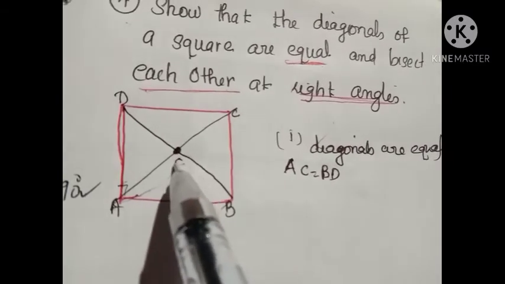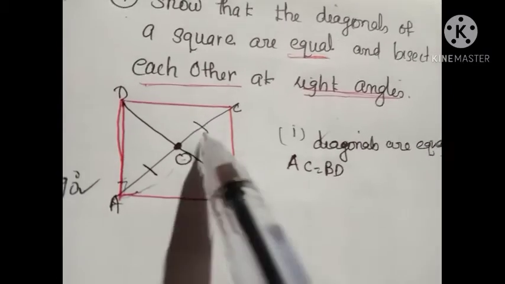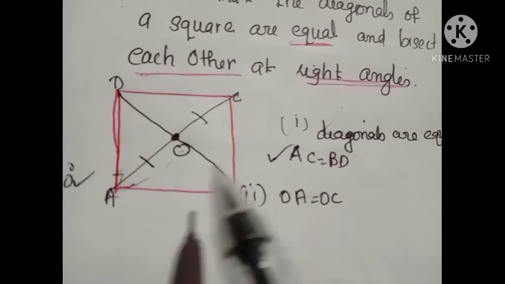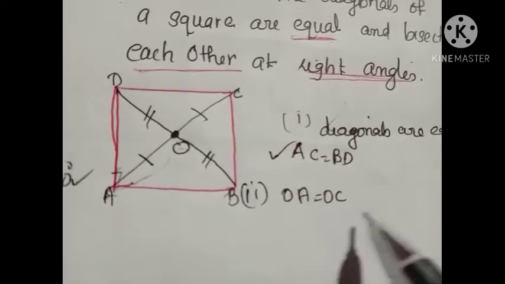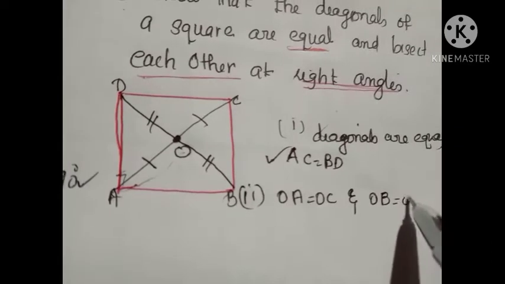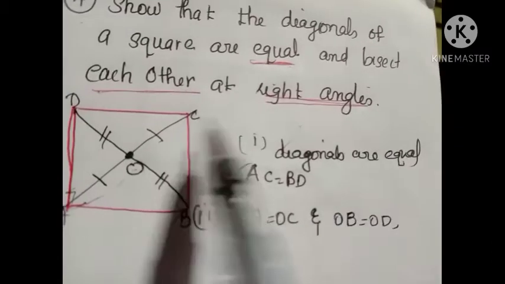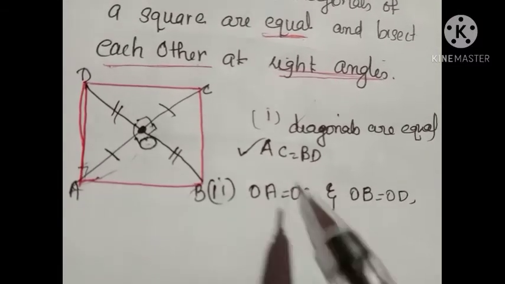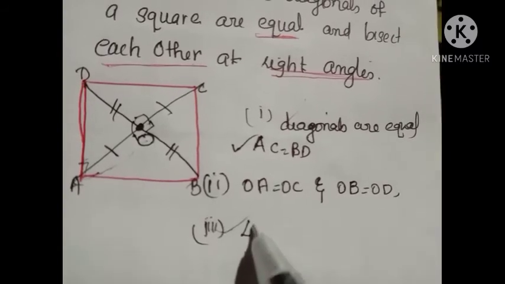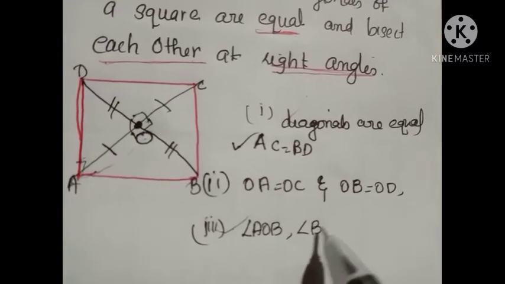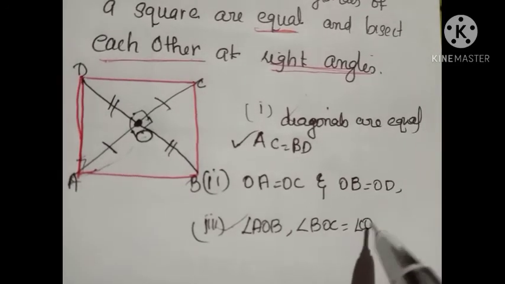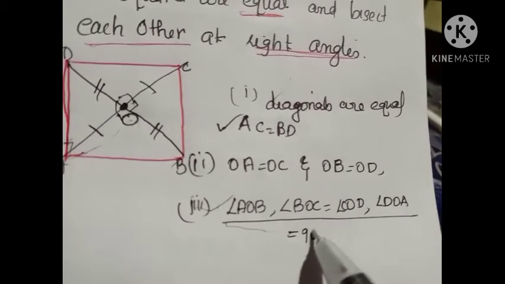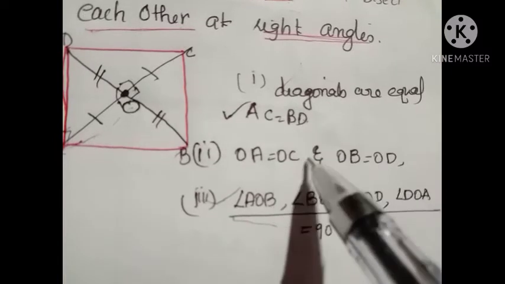Bisect each other means suppose this point is O, then OA and OC are equal. Similarly, OB and OD are equal. This is the meaning of bisect each other. At right angles means these four angles equal to 90 degree: angle AOB, angle BOC, angle COD and angle DOA. All these angles are equal to 90 degree. So we need to prove these three conditions.